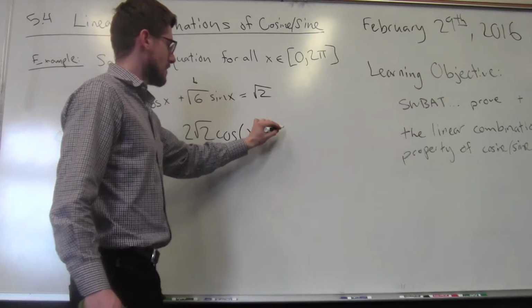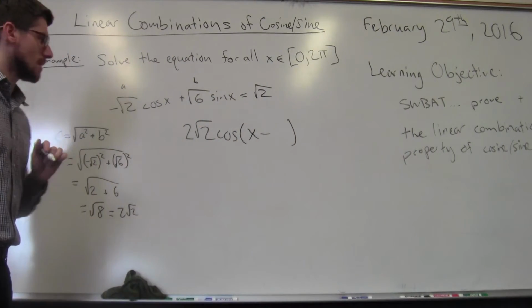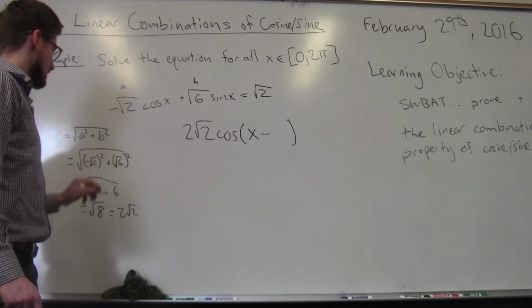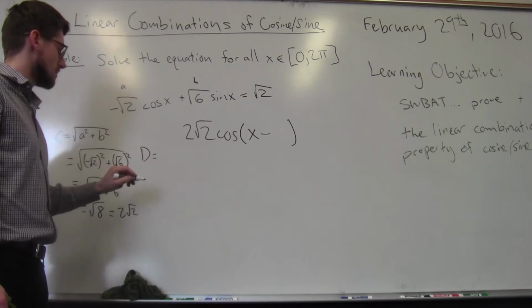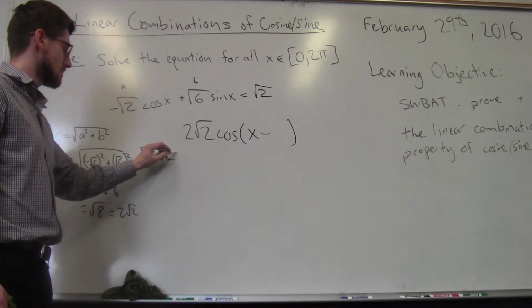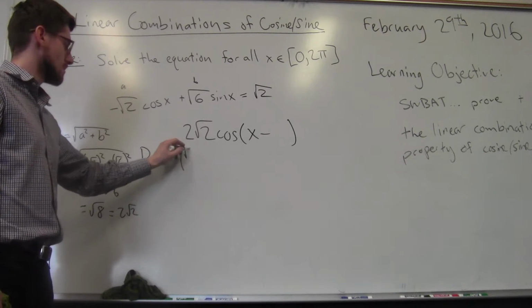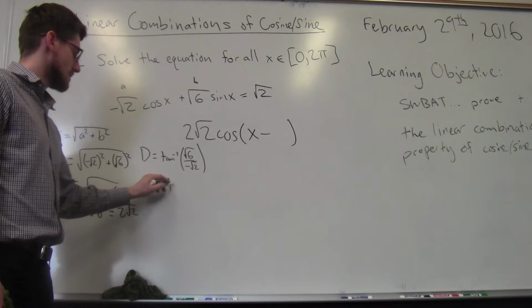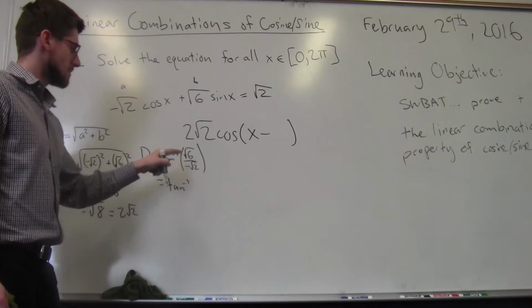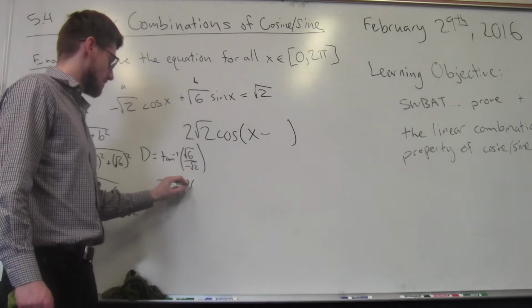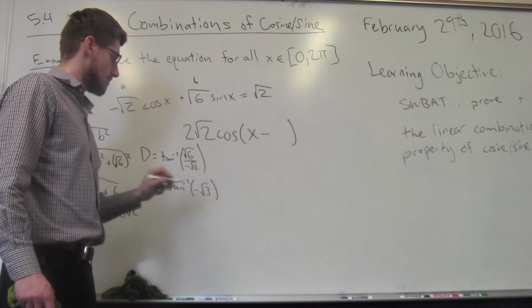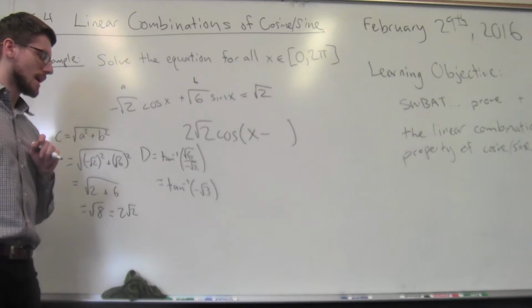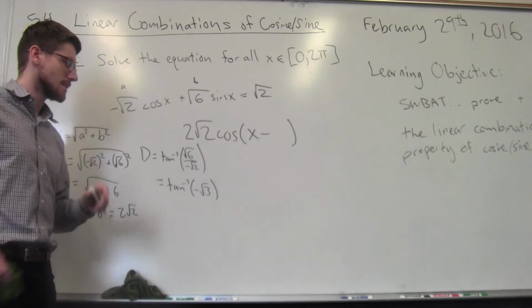And so it remains to figure out what is the phase shift on cosine. To find the phase shift, that uses the inverse tangent. So d is equal to tan inverse of root 6 over negative root 2, which is equal to the tan inverse of the square root of 6 divided by 2, which is 3. So this is negative square root 3. There's an angle that we know where the tangent is equal to negative root 3.